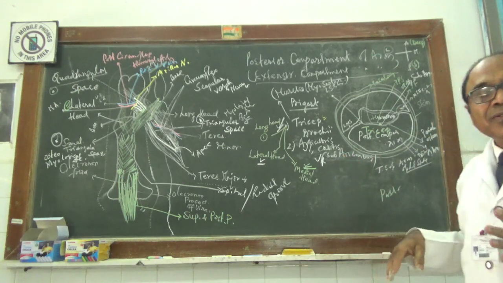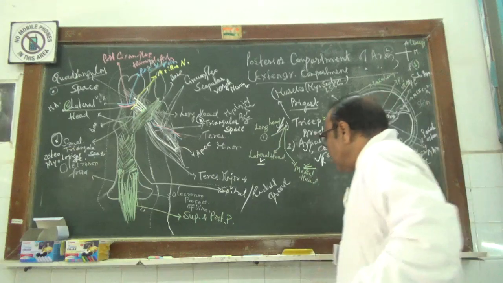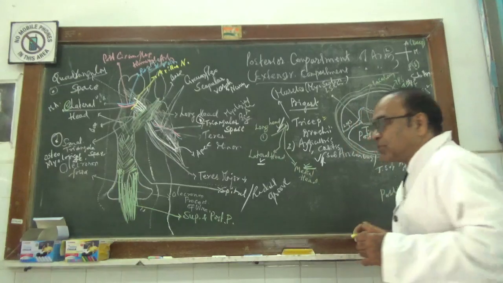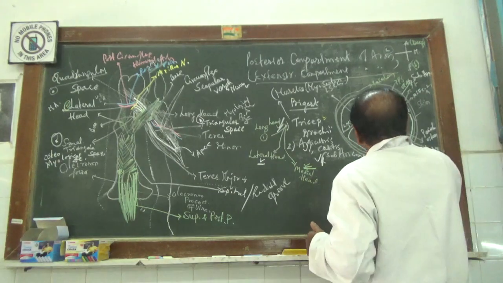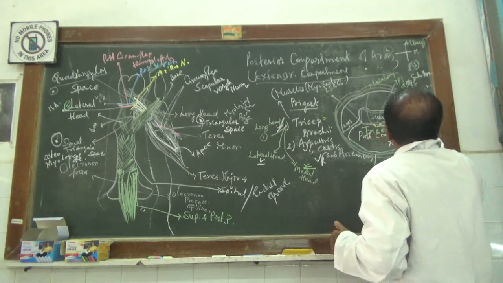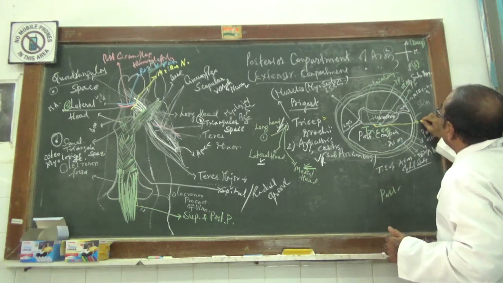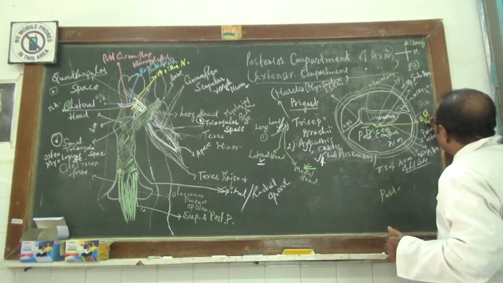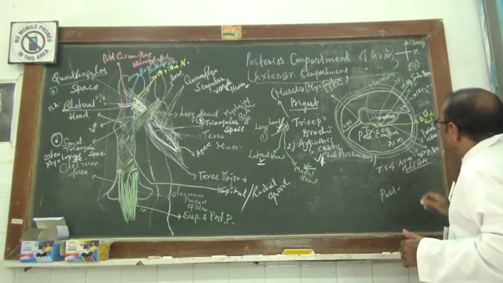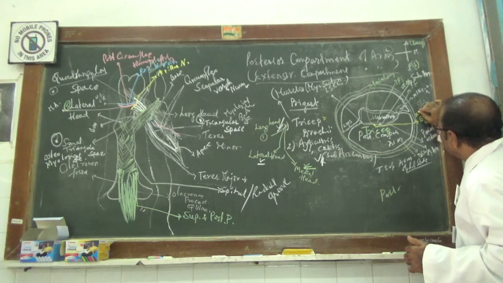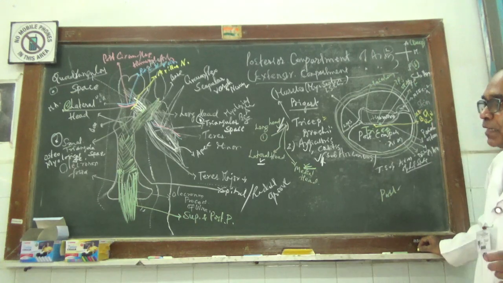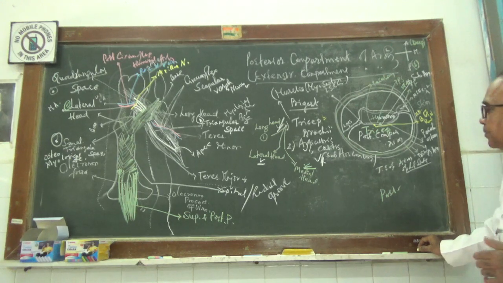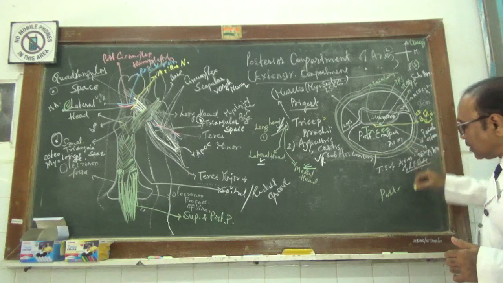So this is what you will be having, the relations. Then coming to the deep relations, in front there are the branches of the radial nerve, especially the muscular branches, to the lateral head, long head, as well as the medial head, where the nerves are reaching.